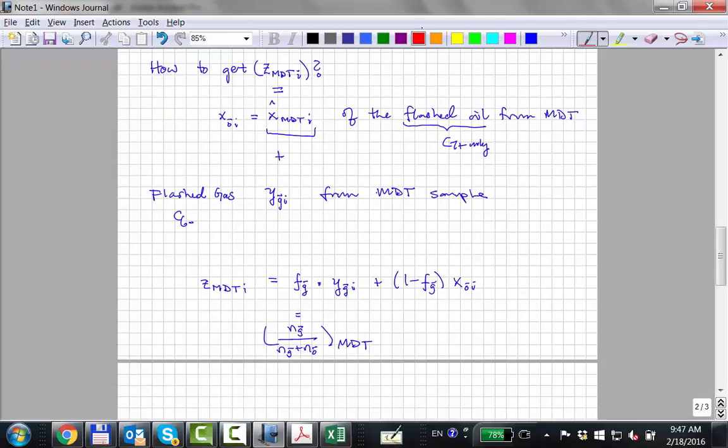So the problem is that we don't know the mole fractions of the C6 and lighter, and we don't know this amount Fg. Okay?